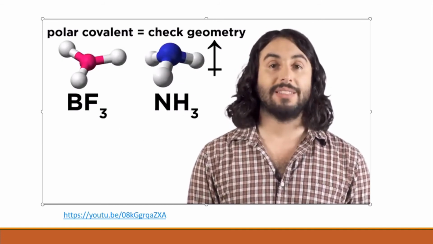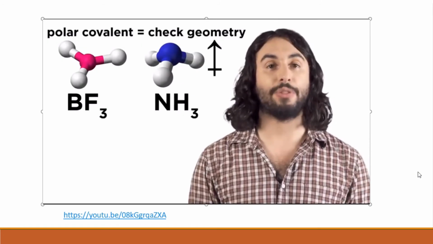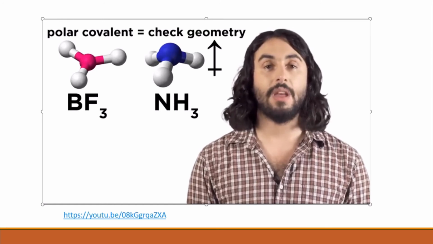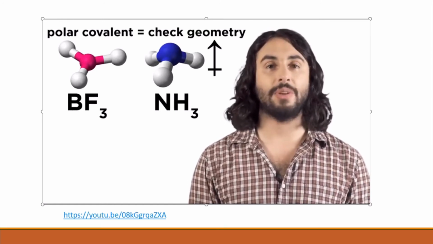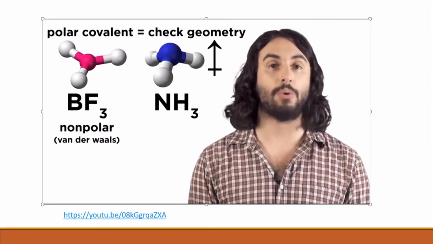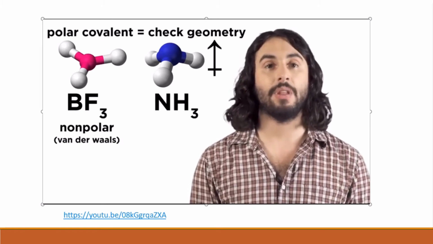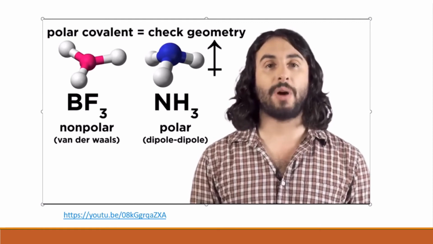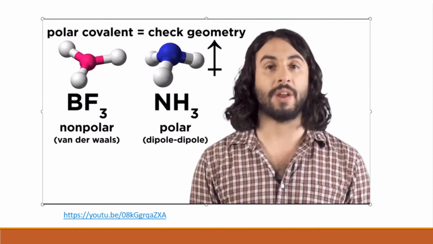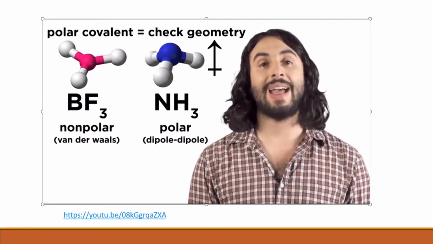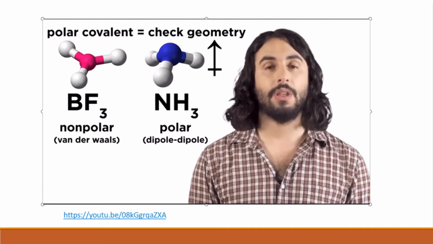Similarly, compare BF3 with NH3. Again, the molecular geometry determines that this is non-polar, because the vectors precisely cancel each other out. But with ammonia, all the bonds point somewhat towards one direction, so ammonia has a dipole.